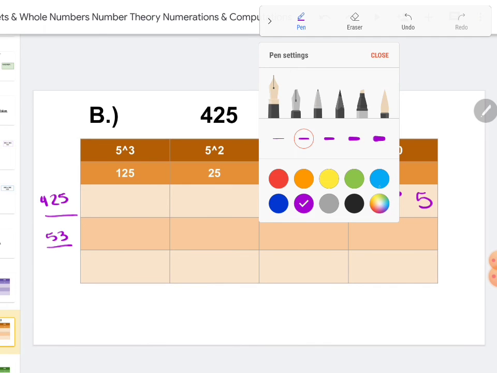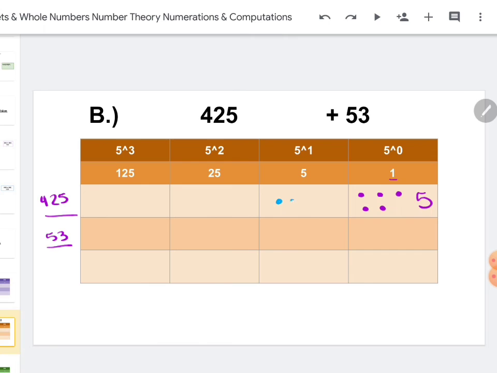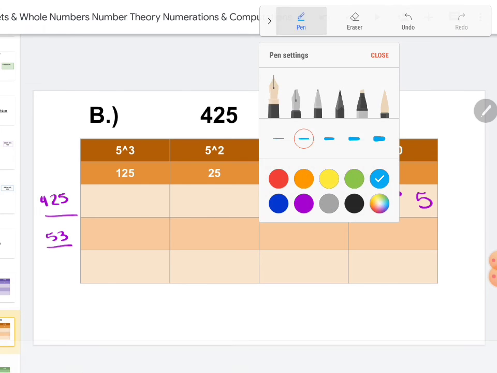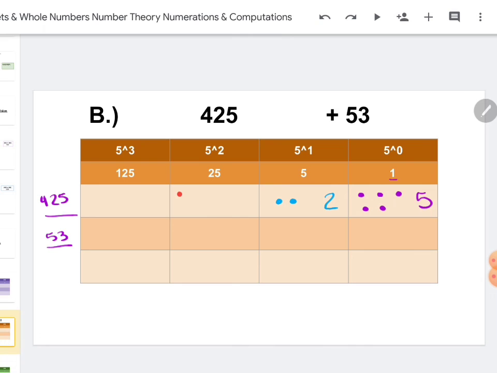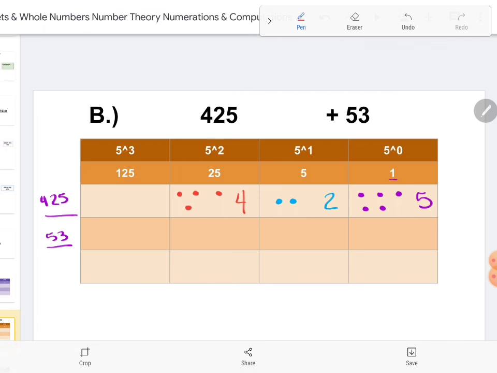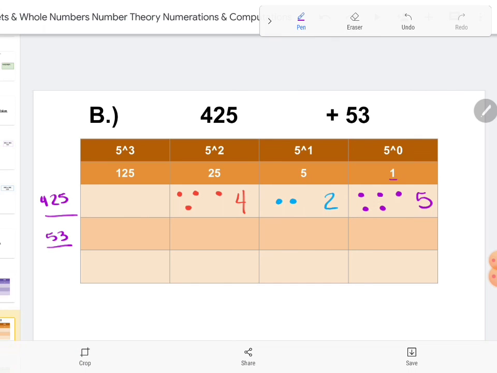For our tens place, we have 2. So 1, 2. For our hundreds place, we have 4, so we're going to do 1, 2, 3, 4. And now we're going to move on to 53 since we don't have anything in the thousands place for 425.